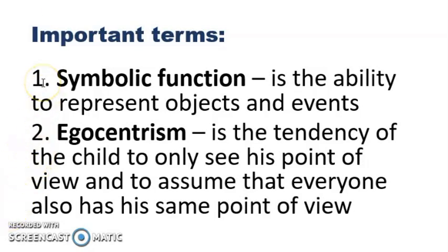So let us start with number one, symbolic function. This is the ability to represent objects and events. That is symbolic function. Number two is egocentrism. It is the tendency of the child to only see his point of view and to assume that everyone also has his same point of view. So we call that egocentrism. So it's like a self-centered point of perspective.